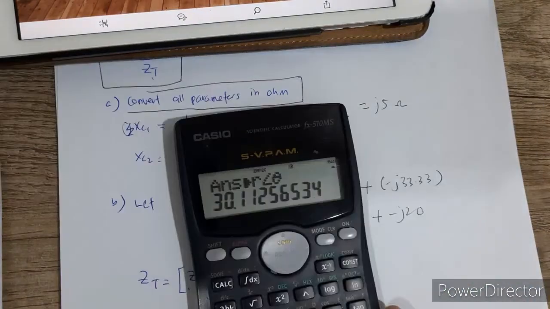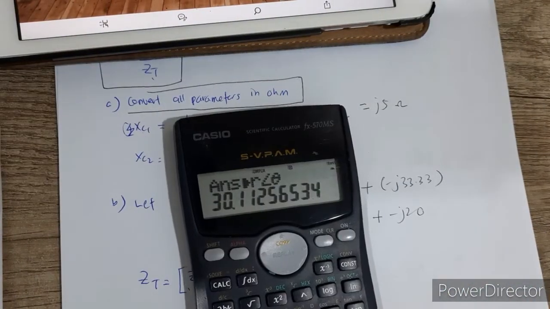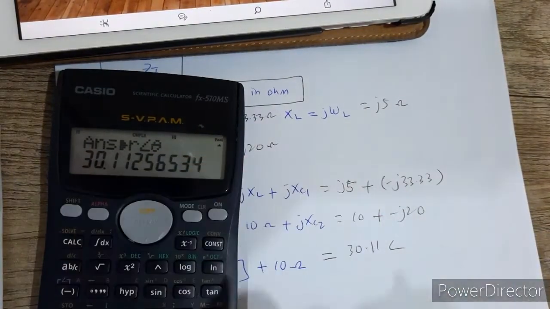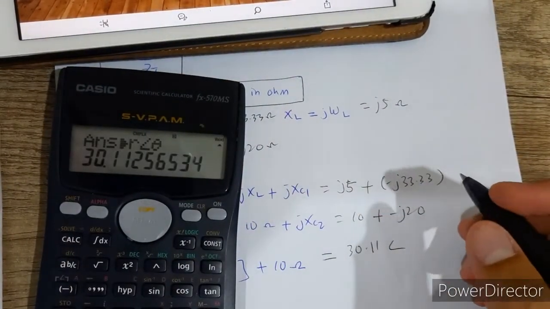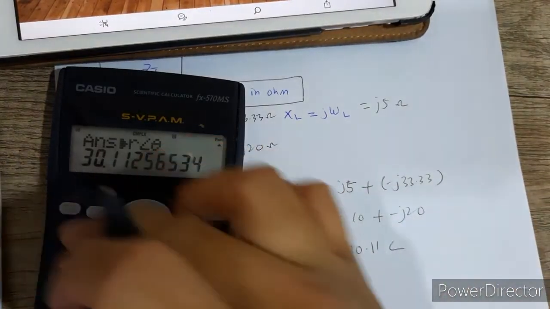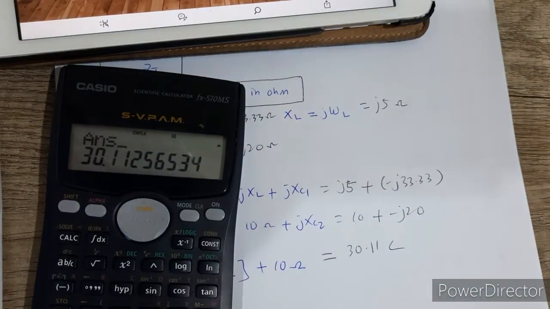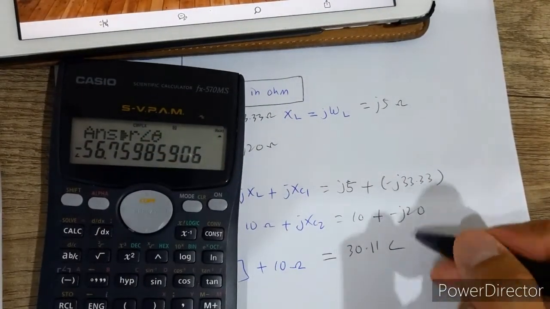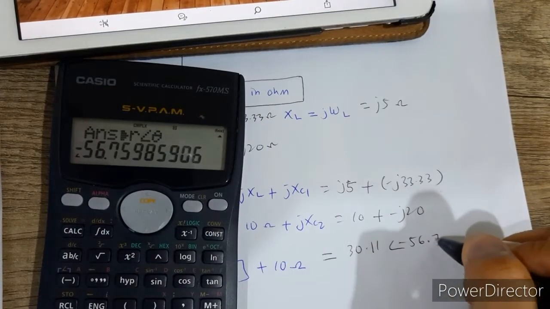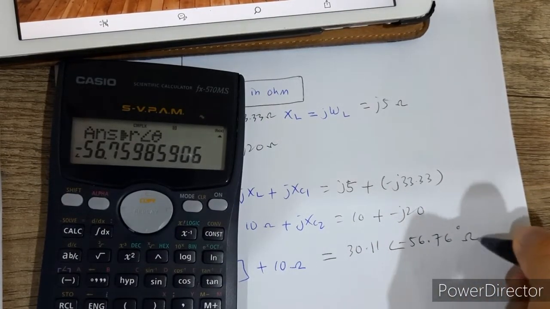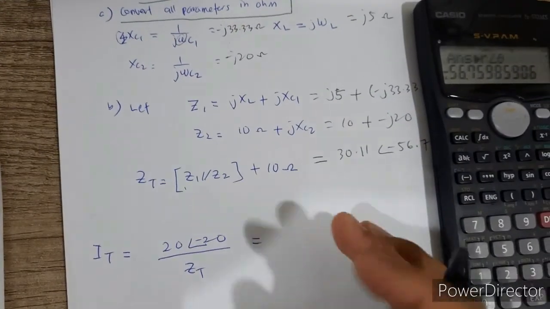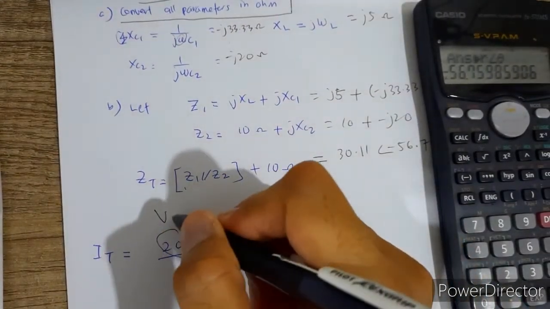The answer is 30.11 with the angle of negative 56.76 ohm. So this is Z total.